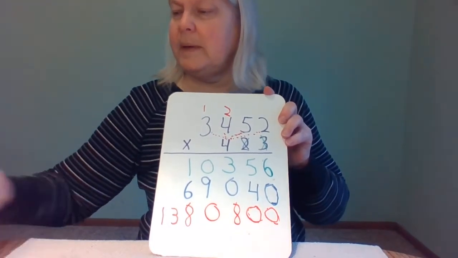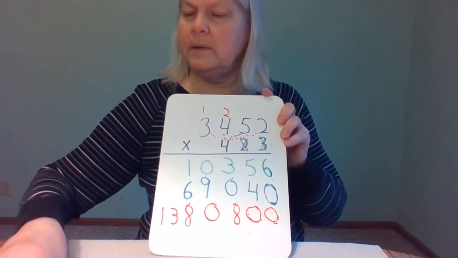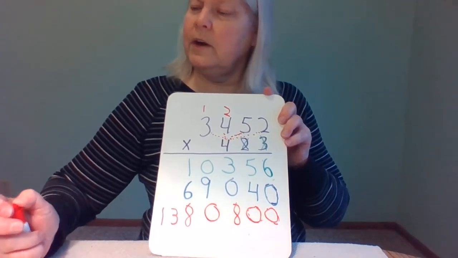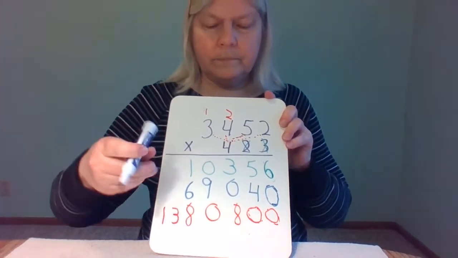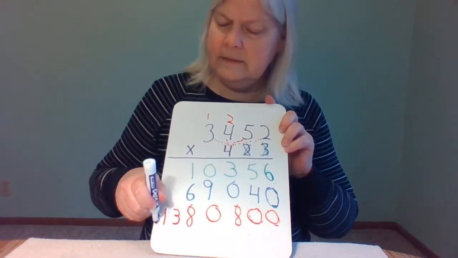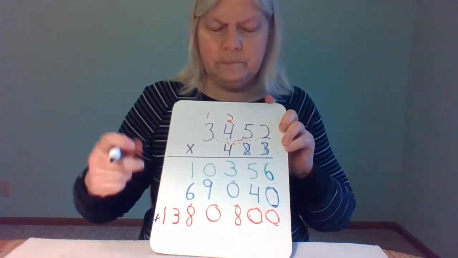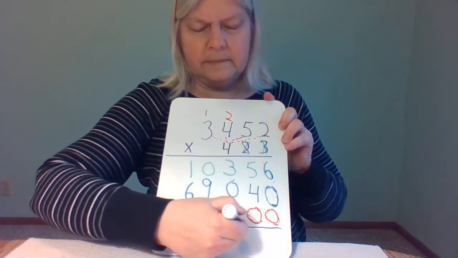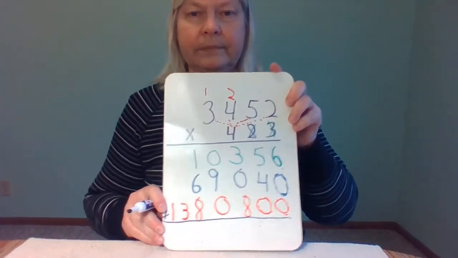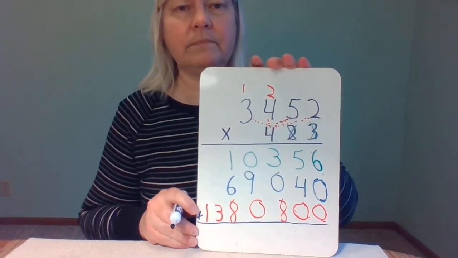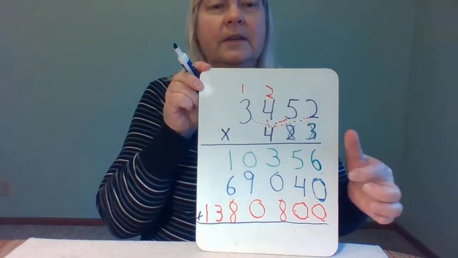I'm going to grab my purple pen because I started with purple to figure out what my final product is. I'm going to put a plus sign right there and a sum bar. Let's check to see if you can still see. Okay. Let's add them together.